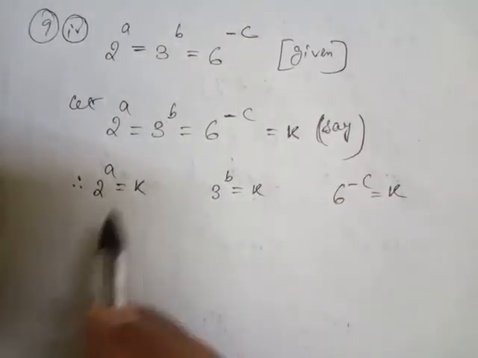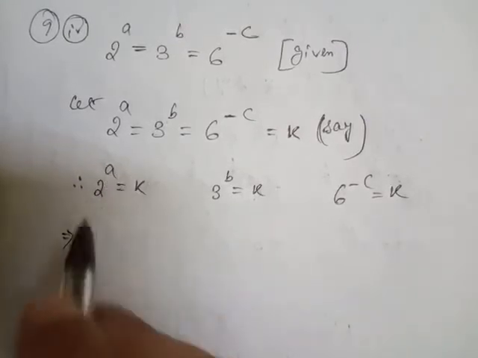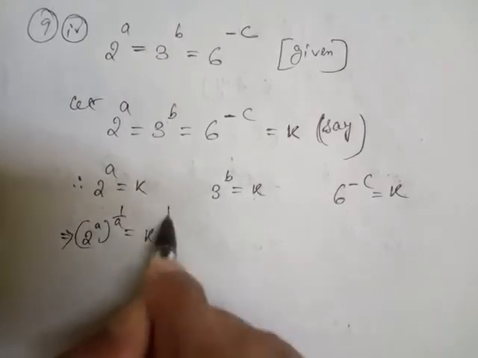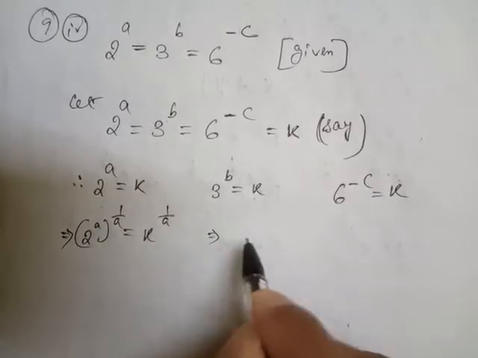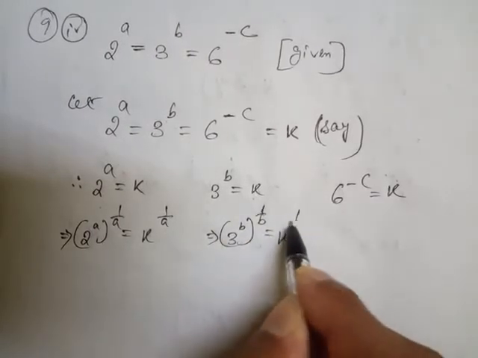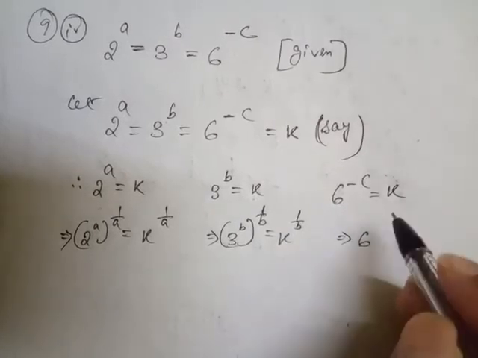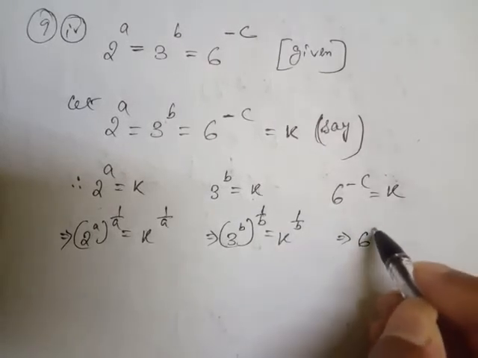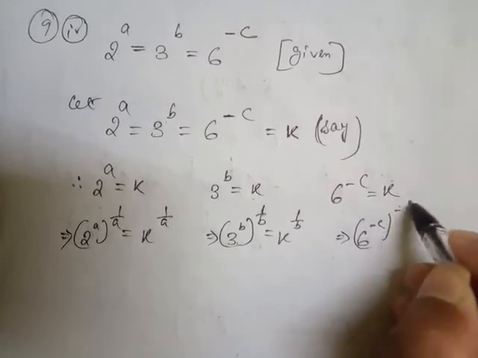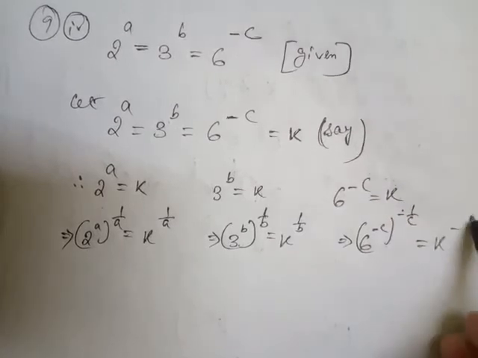Now just after that, raising both sides to the power 1 by a. So 2 to the power a whole to the power 1 by a equal to k to the power 1 by a. Here 3 to the power b whole to the power 1 by b equal to k to the power 1 by b. Then here 6 to the power minus c whole to the power minus 1 by c equal to k to the power minus 1 by c.